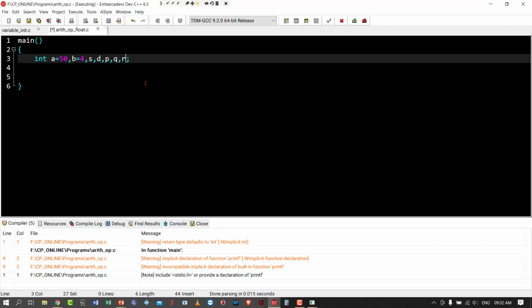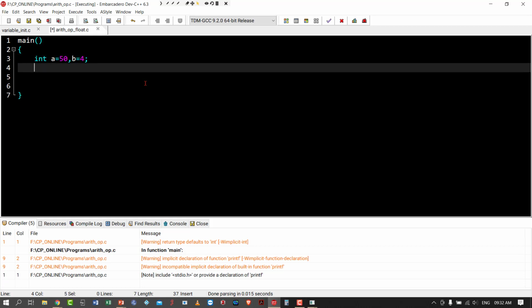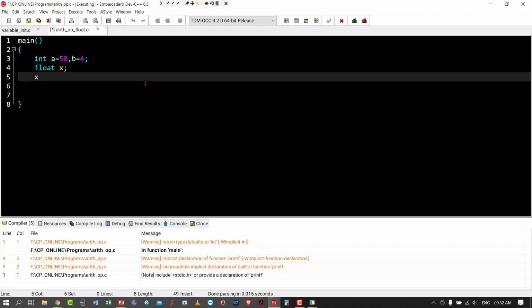So I just want to discuss the arithmetic operations in float. Float means some fractional numbers. Float x equal to a by b.